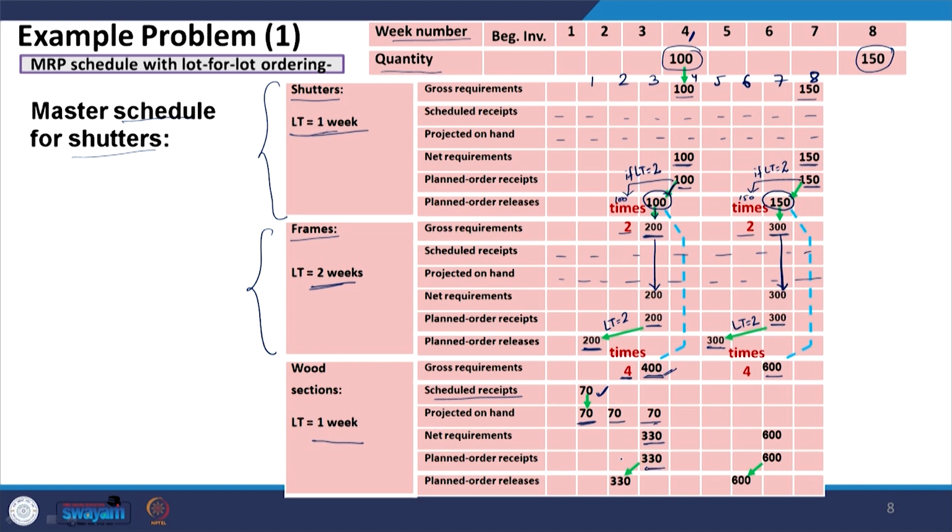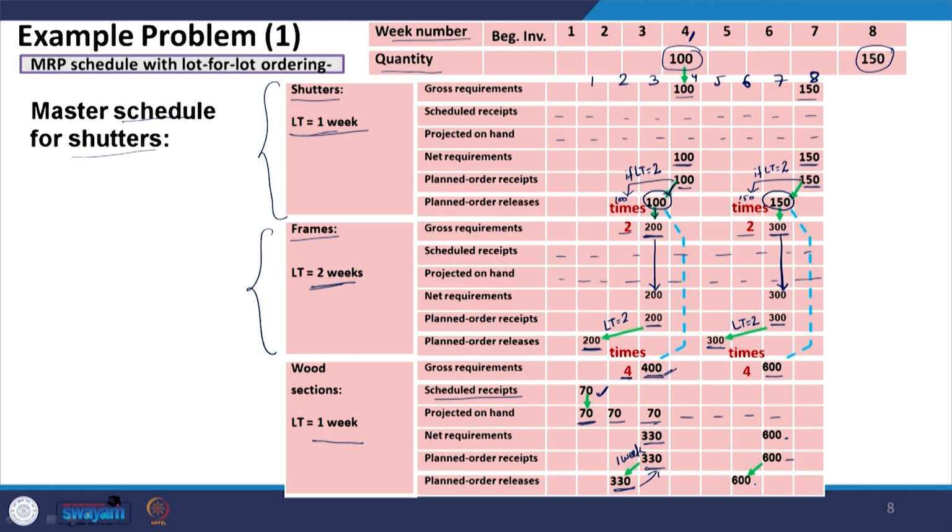The lead time is 1 week. So, I will place order of 330 units in the second week, and these 330 will be received by me in the third week. And similarly, now I have already exhausted whatever was projected on hand. So, I do not have anything after this. I want 600 units in the 7th week. So, 600 will come here, and therefore, planned order receipts will be 600, lead time is 1 week.